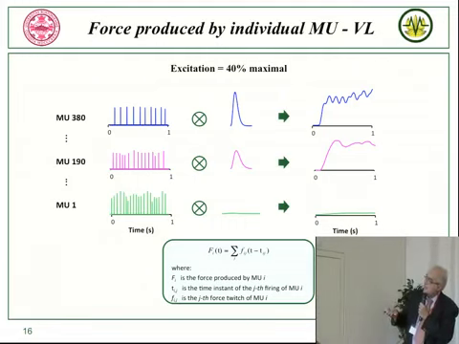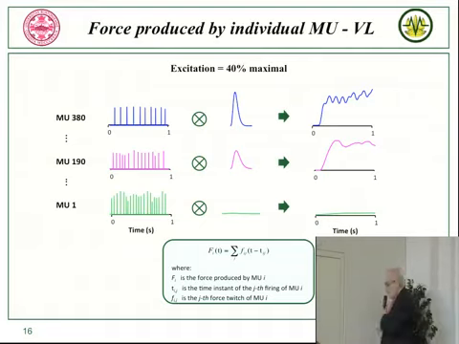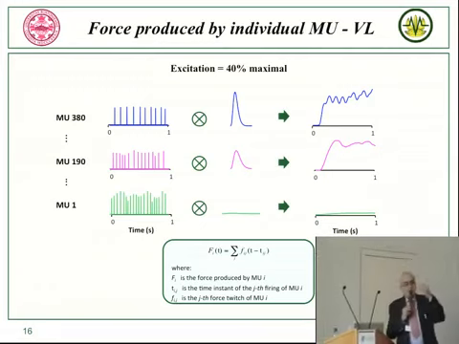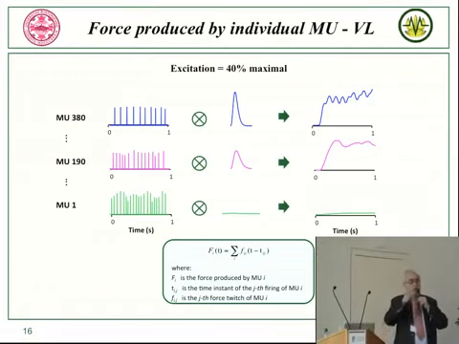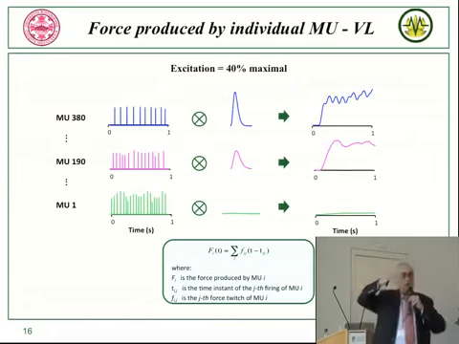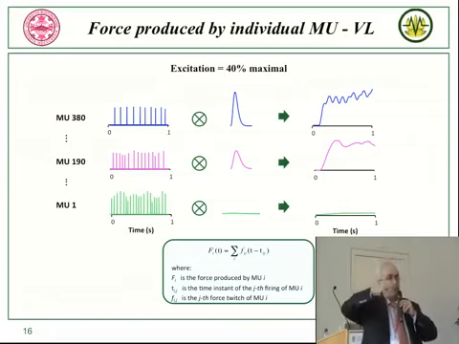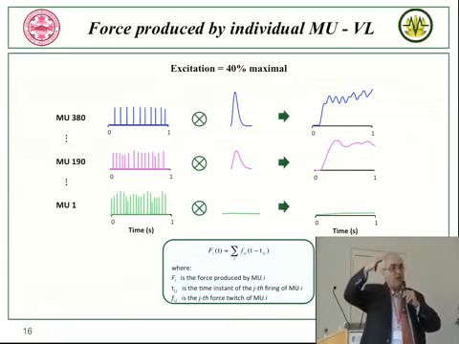You can see it produces higher level force, but it has some fluctuation. An even higher threshold one has a greater force twitch, produces greater force, but even more fluctuation. You're beginning to see that as you increase the excitation to the muscle, you recruit the higher level motor units, and each one of those produces a more variable force contribution.